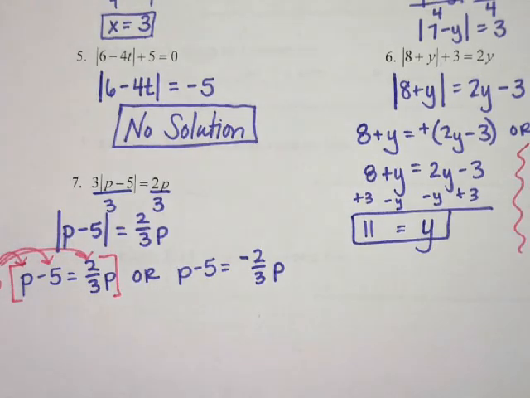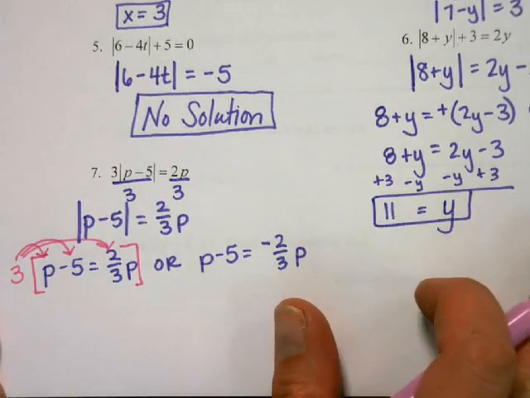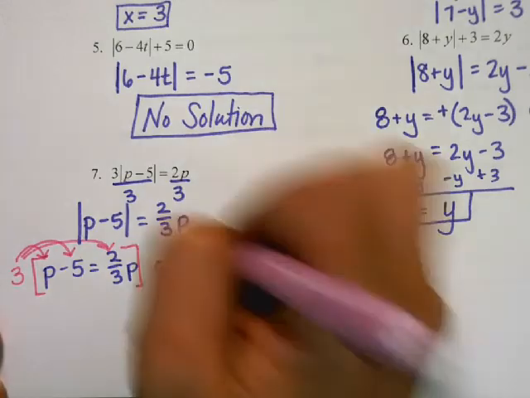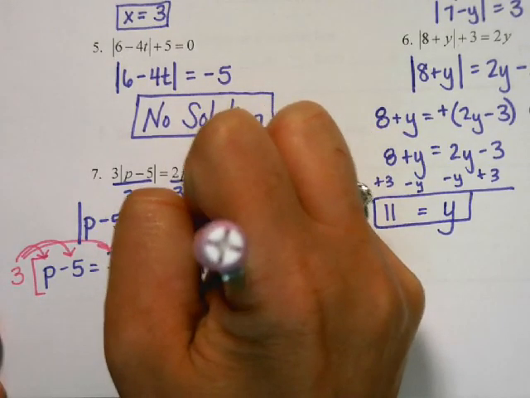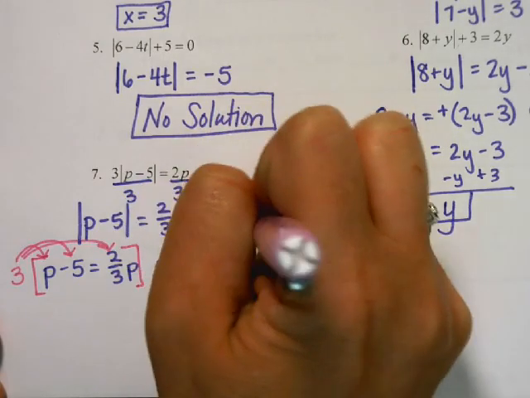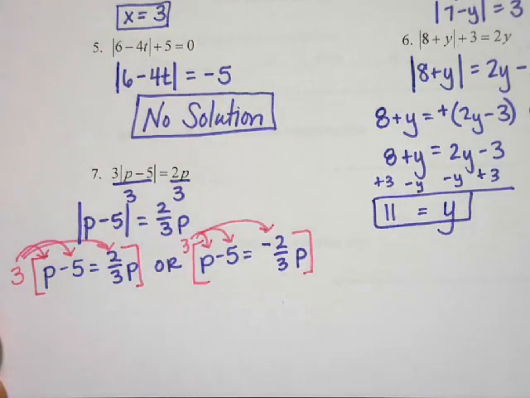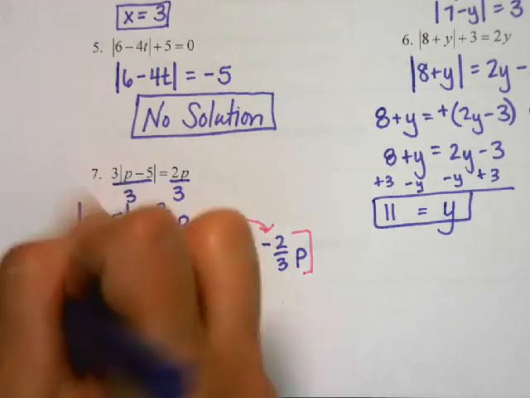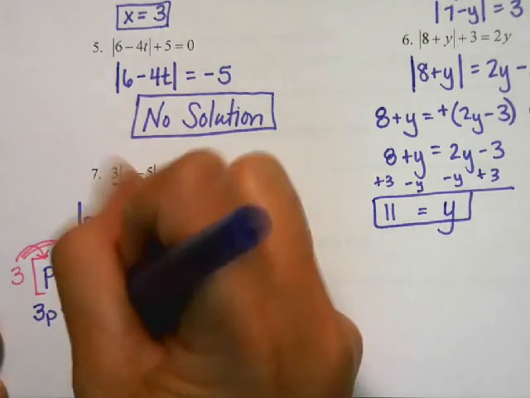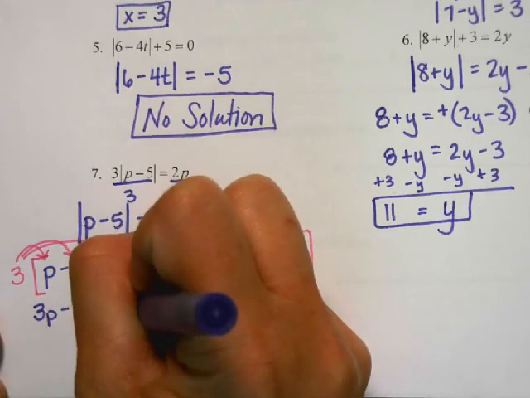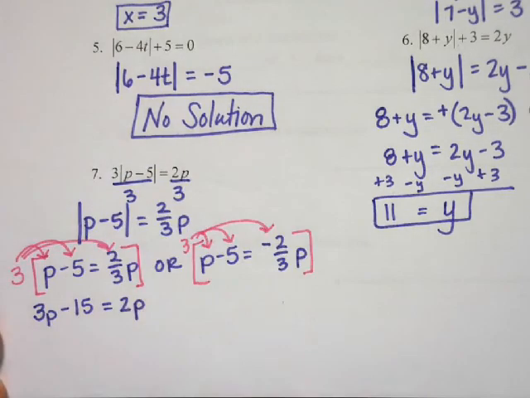Now we can distribute it because the absolute value went away. So I have 3p minus 15 is equal to a negative, oh no, excuse me, a positive 2p.